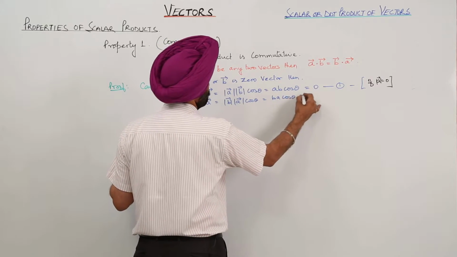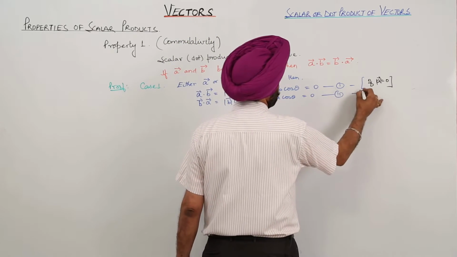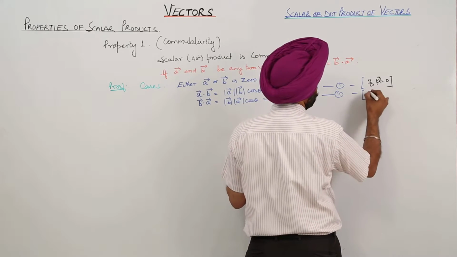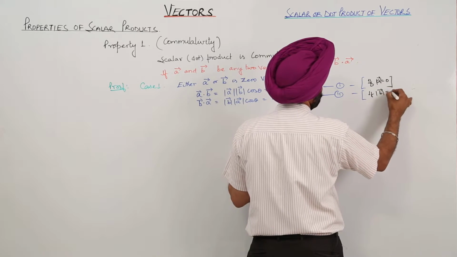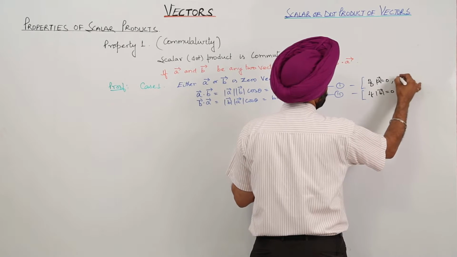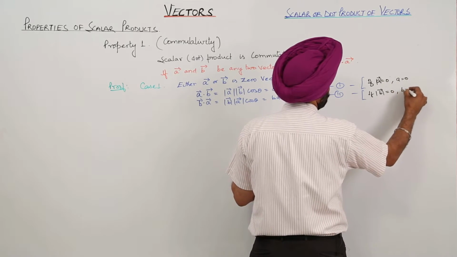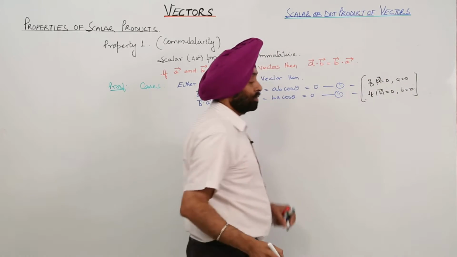B A cos theta, again this is 0. Is it clear?